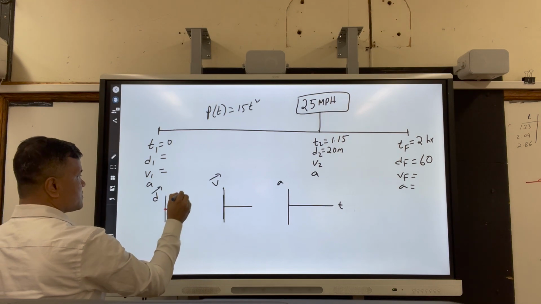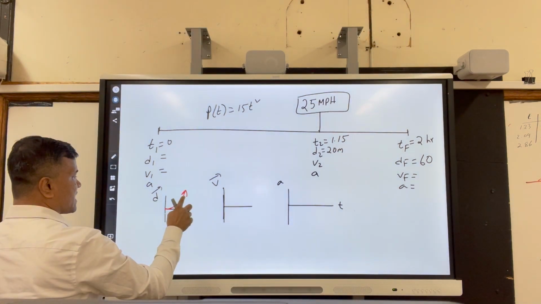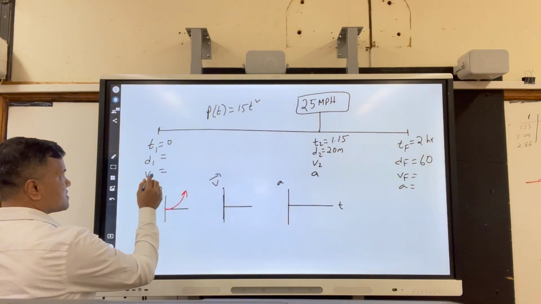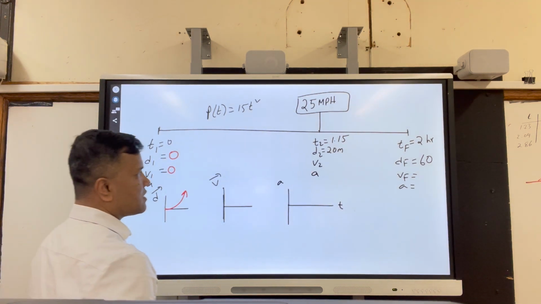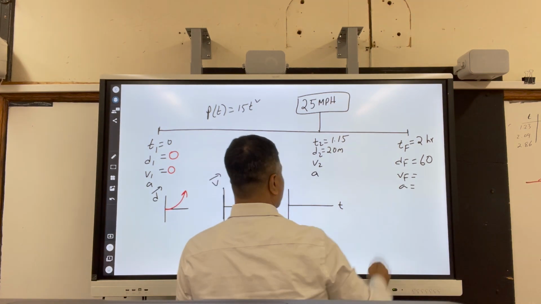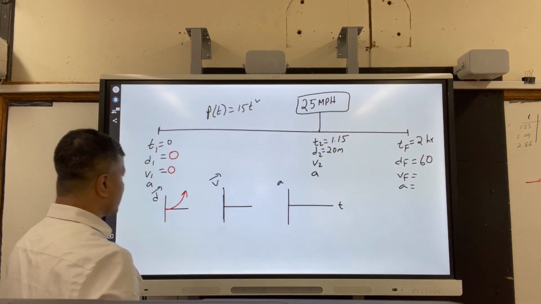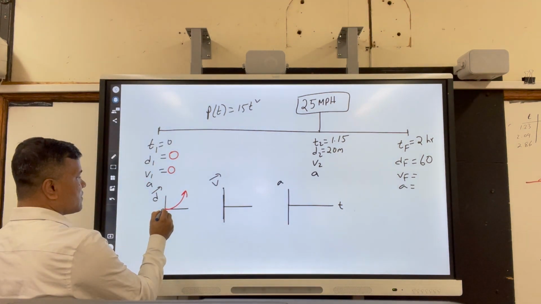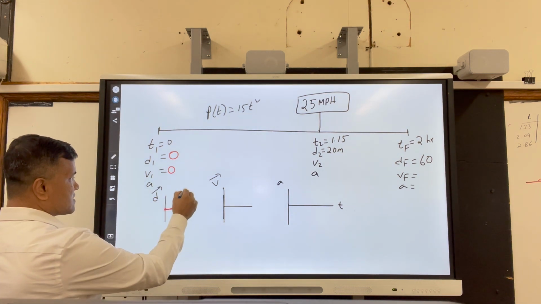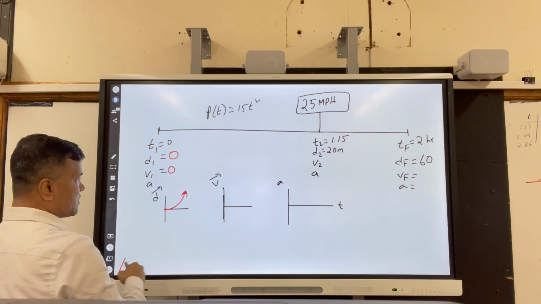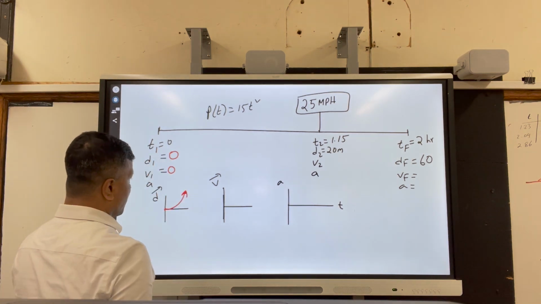The dt would be this, because the object was accelerating. The distance is 0 over here, and the velocity is 0 over here, but velocity is definitely not 0 over there, because the slope would not be 0. Okay, good.